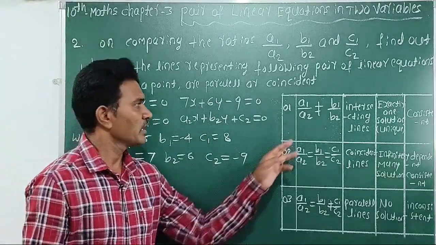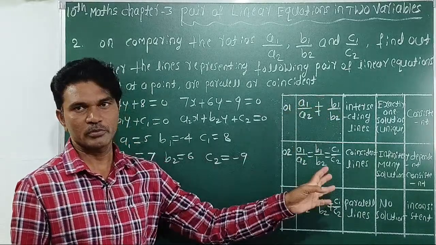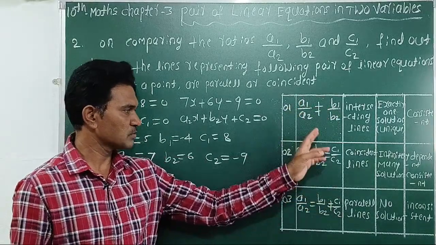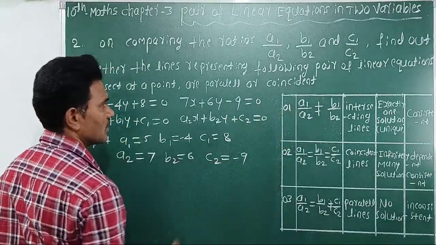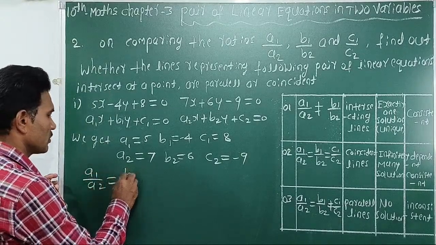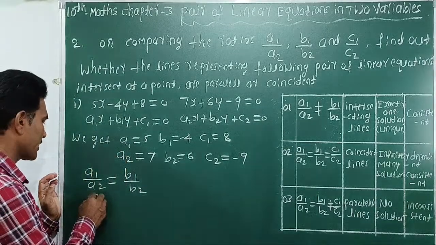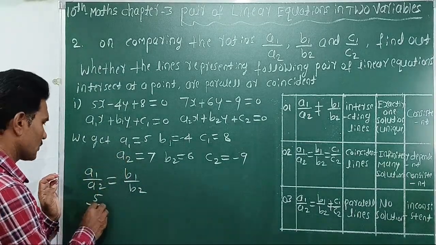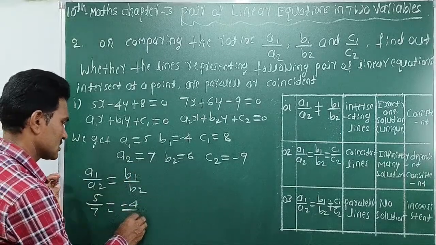Then we have to verify the ratios: a1 upon a2 is not equal to b1 upon b2, or a1 upon a2 equals b1 upon b2 equals c1 upon c2. First, I will take the first ratio, a1 upon a2 and b1 upon b2. Put the values: a1 is 5, a2 is 7, b1 is minus 4, b2 is 6.